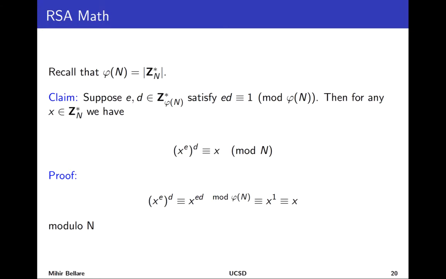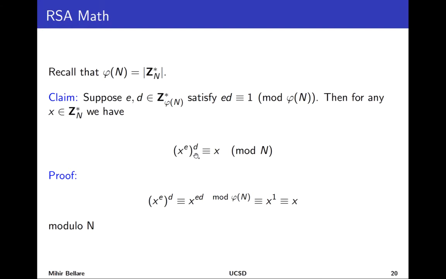Now we jump back to the other group. We take a point X in the group Zn star. One of the elements of RSA is this interplay between two groups, Z star phi of n and Z star n. In this group, Zn star, I raise X to the power E, which I think of intuitively as encrypting it.